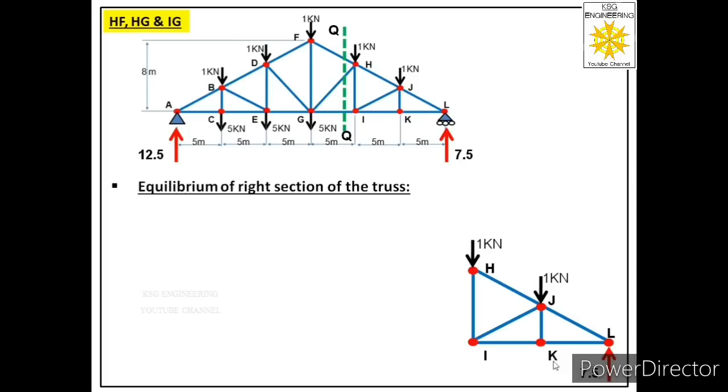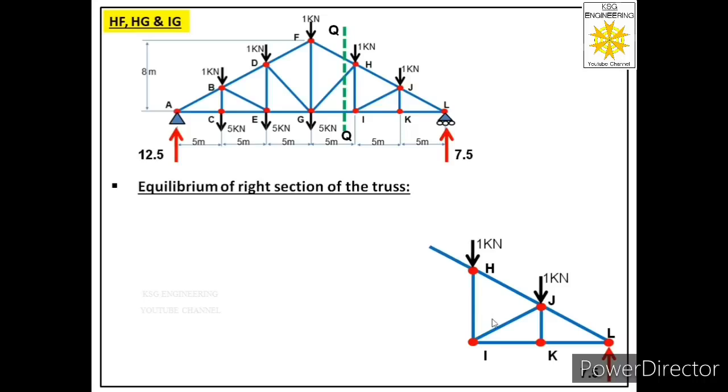So we have drawn 7 members over here. After that, we will represent these cut members. And we have represented external forces at joints H and J, and we have shown the reaction at L also. Now let us represent these 3 cut members.